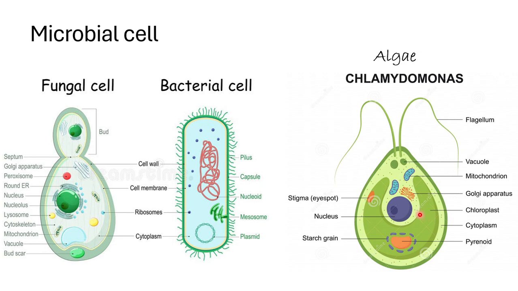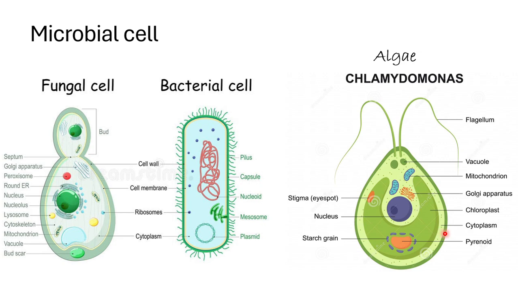And also we have the chloroplast that is unique to the algae and the plant cell, or what we say that it is unique to all of the photosynthetic cells, because chloroplast contains the chlorophyll that is green in color, and that is used up by the organism for photosynthesis purpose.